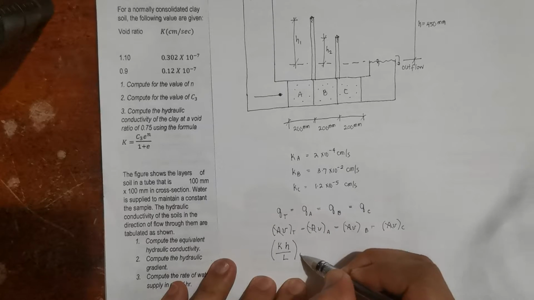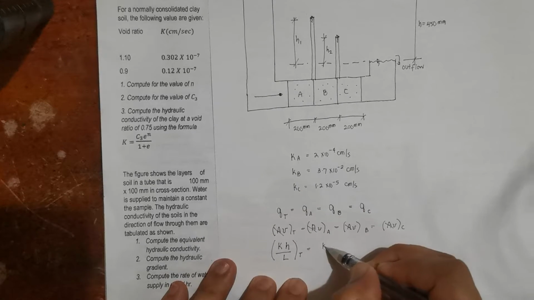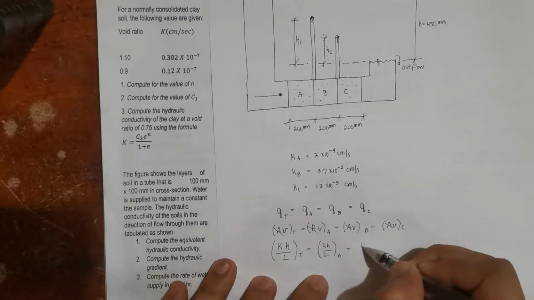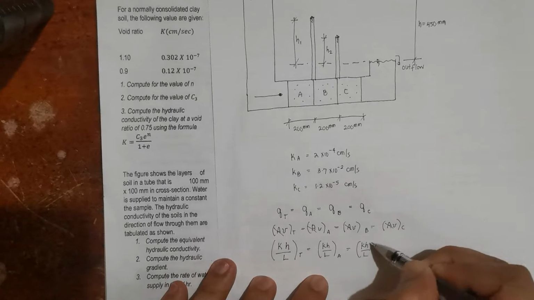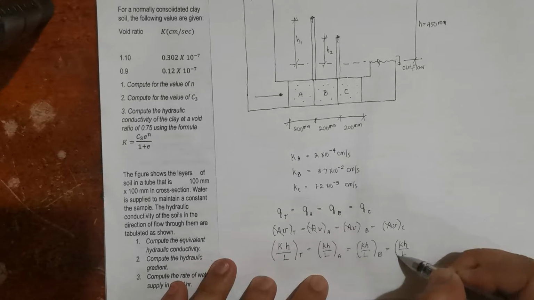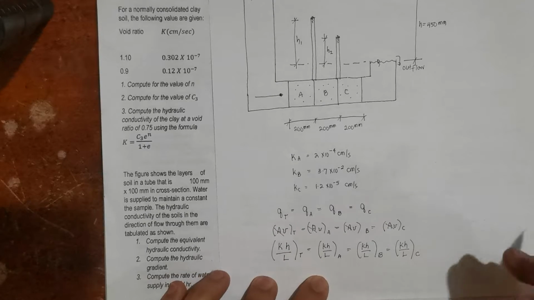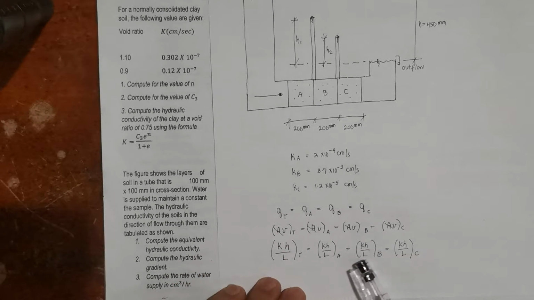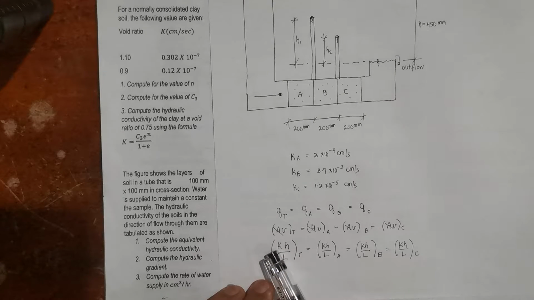And that is KH over L for the total parameters, also for soil A, for soil B, and KH over L also for soil C. And then, in this equation, the unknown parameter is total hydraulic conductivity.